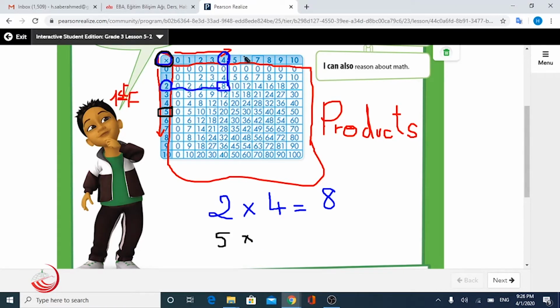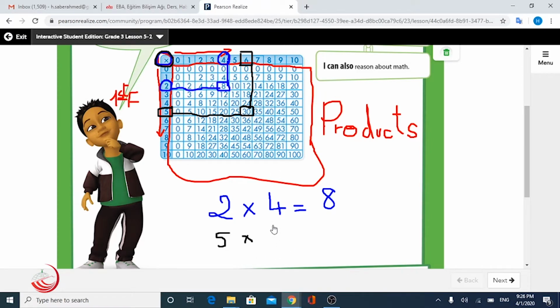I will go to the factor 6 right here. We will see if I walk from 5 across like this, and if I go down from the 6 like this, where they will meet. Let's see. Then down, down, down. They met here at number 30.